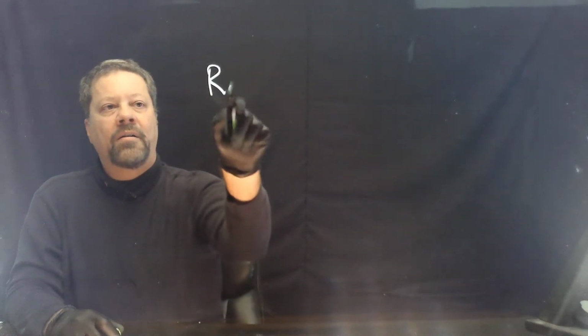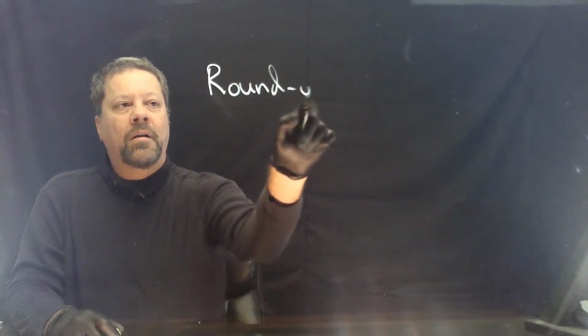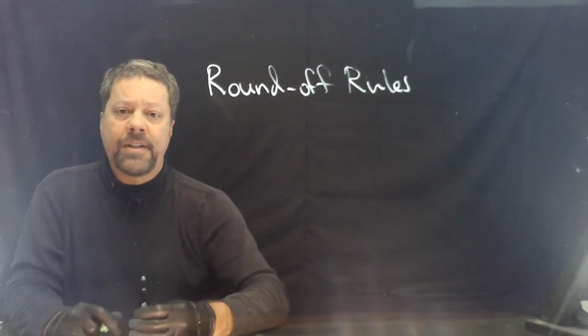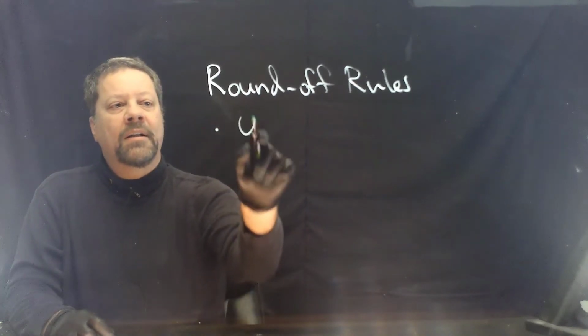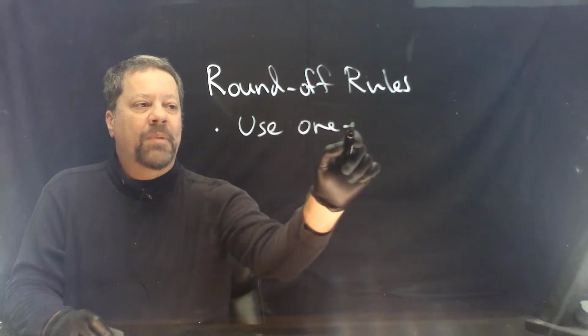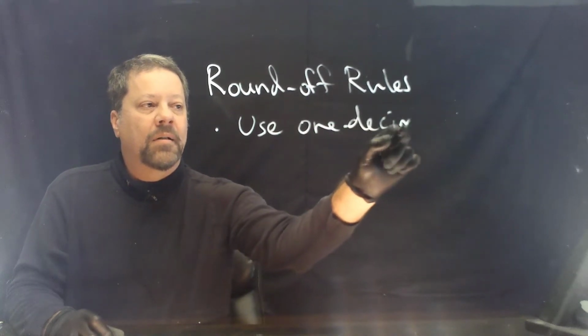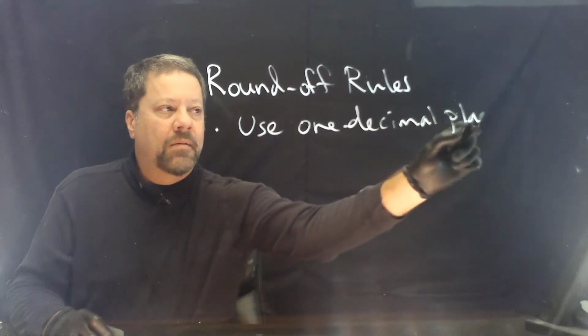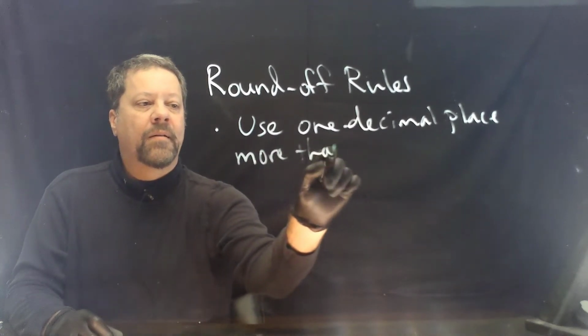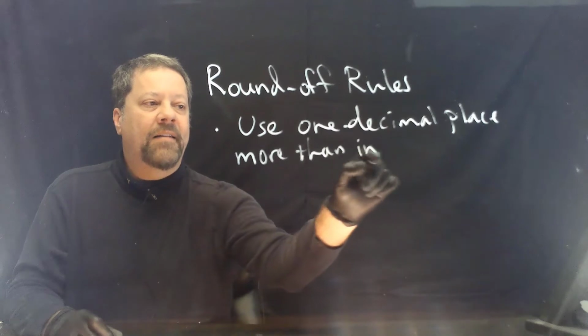There are round-off rules for these measures of center that we are going to adopt. And typically we will use 1 decimal place more than in the data.